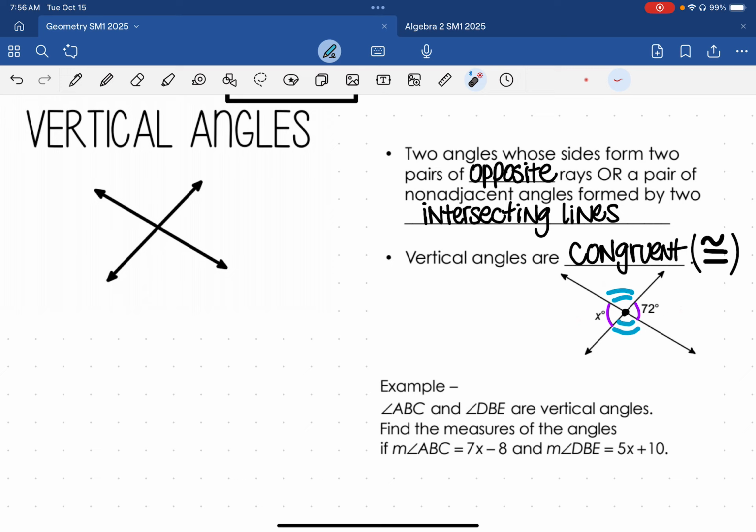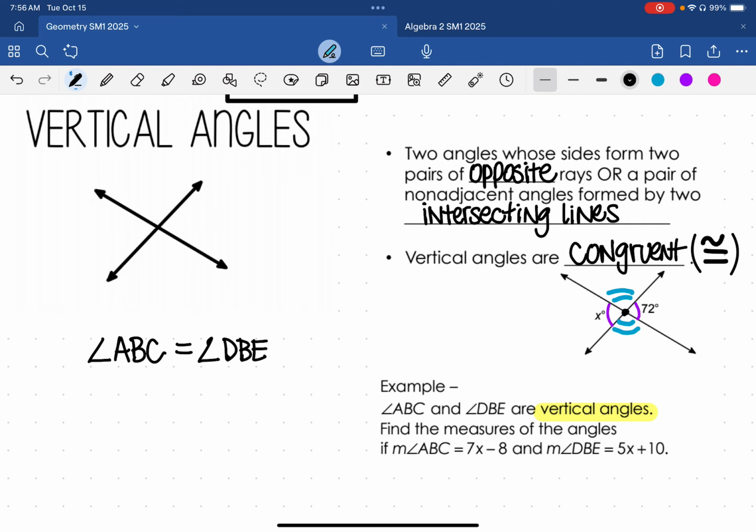So let's take a look at our first example. Notice they're telling us ABC and DBE are vertical angles. So once again, not necessary for a picture, because I know that angle ABC is equal to angle DBE.